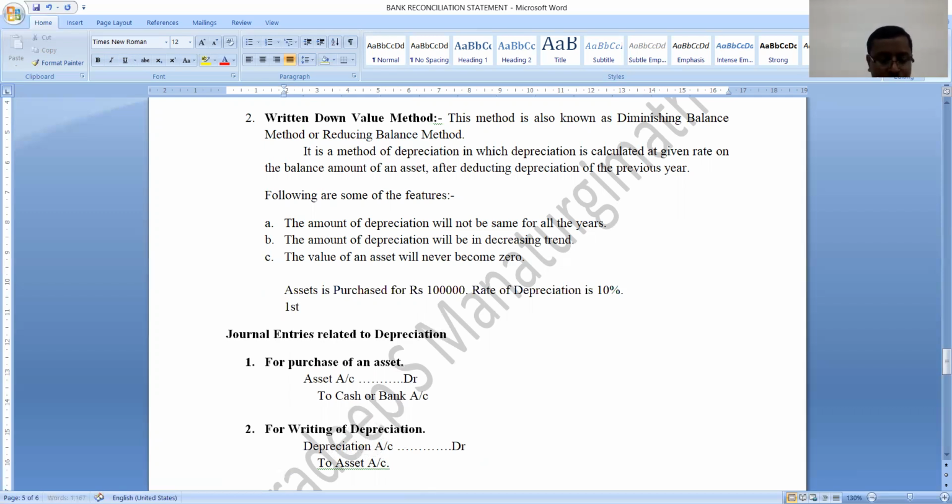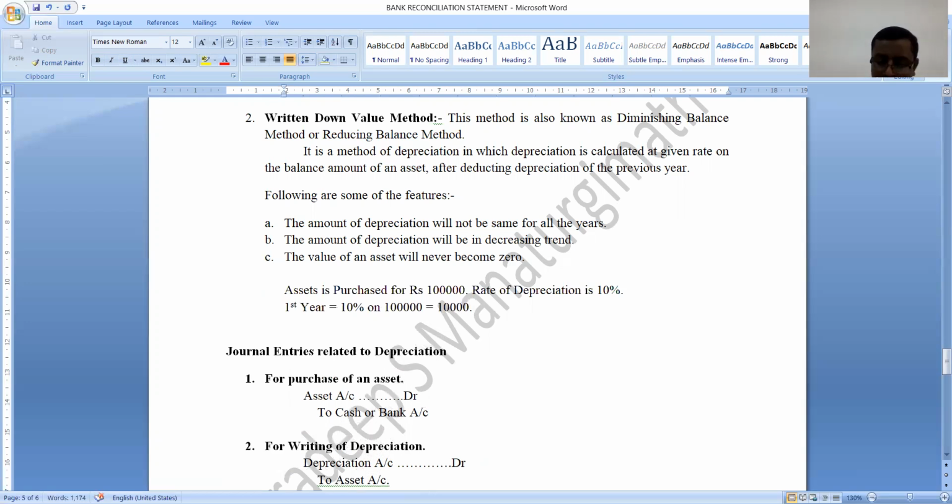Now, how to calculate depreciation? See here, first year. Only in the first year you should calculate depreciation on the original cost of an asset, that is 10% on 1 lakh rupees. What is the amount of depreciation? 10,000 rupees. If it comes to the second year, in the second year you should calculate depreciation on the written down value of an asset, that is 10% on 90,000.